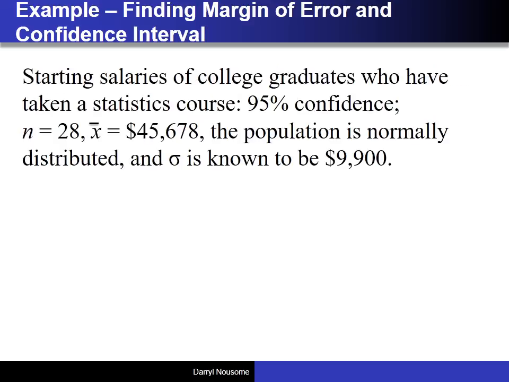And here's another example. Be sure to try this one as well with 99% confidence, with an n of 28, an x bar of $45,000. The population is known to be normally distributed, and the population sigma is known to be $9,900. Okay, that's the end of sections 6.2 to 6.3.